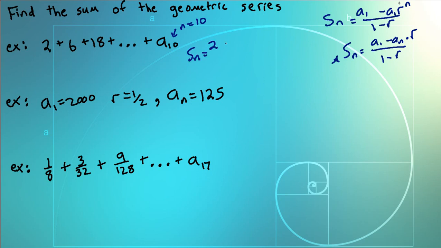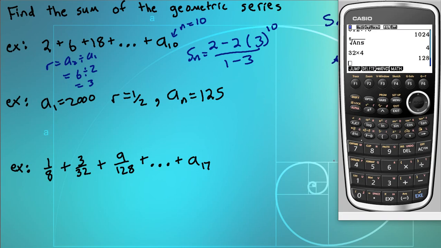So our first term minus our first term times our ratio. Well, our ratio is going to be the second term divided by the first term. So in this case, 6 divided by 2 is 3. So 3, and then 10 up there, and then 1 minus 3.